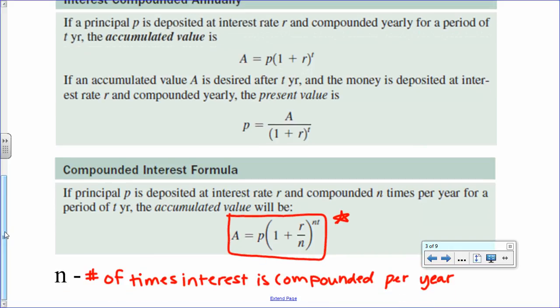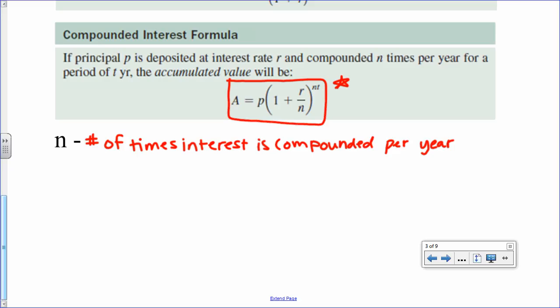I'll go back up to the annual interest in just a minute. So that being said, if we're talking about annual, so if interest is compounded annually, then N is 1. It's compounded one time per year.